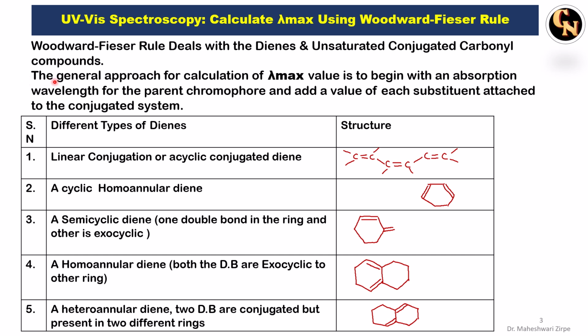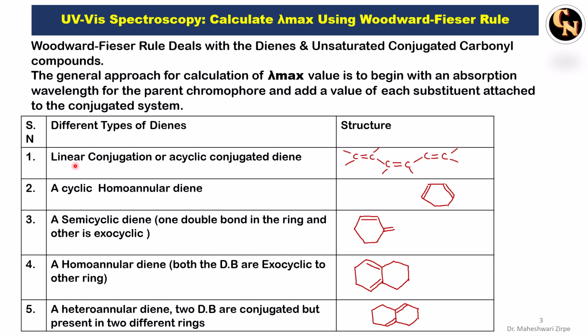In this video we'll first understand the dienes, and in the next video I'll prepare enones. The general approach for calculating the lambda max value is by calculating the absorption wavelength for a parent chromophore. Now this table will tell you which type of chromophores or dienes there are.